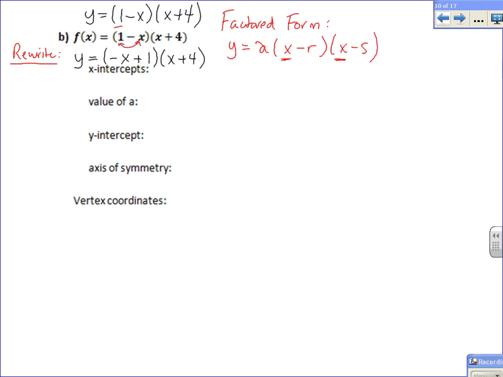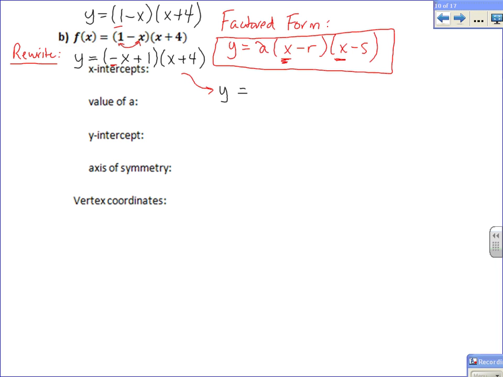When I compare what I have just written to my factored form in red over here, I see there's still a problem because x always has to have a coefficient of 1. It has to be a positive x when it's written in factored form. And here I have a negative x. So what I'm going to do is factor -1 out of the first set of brackets.